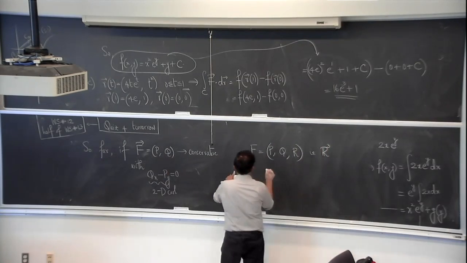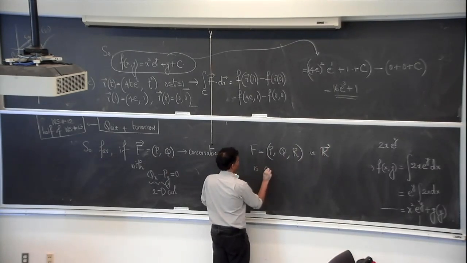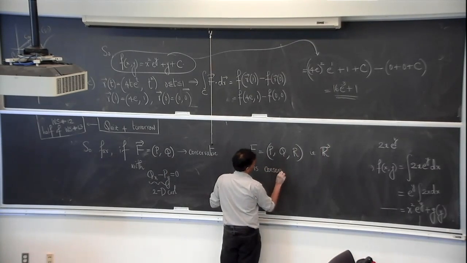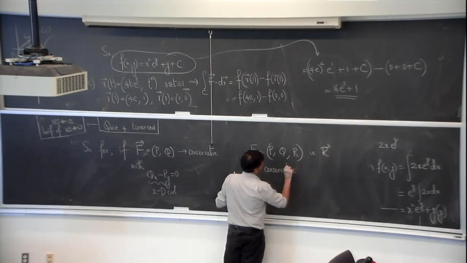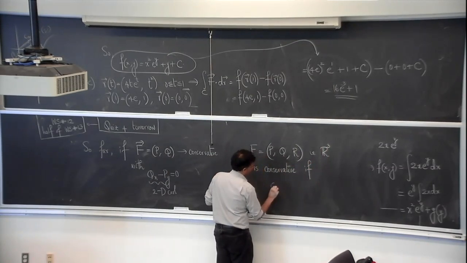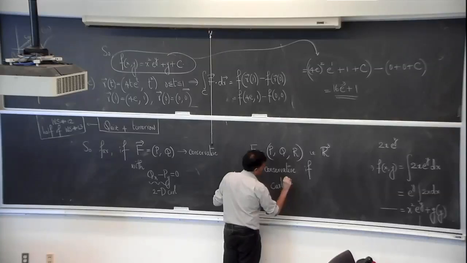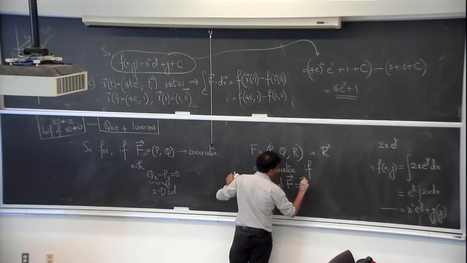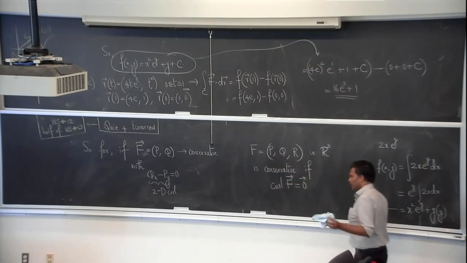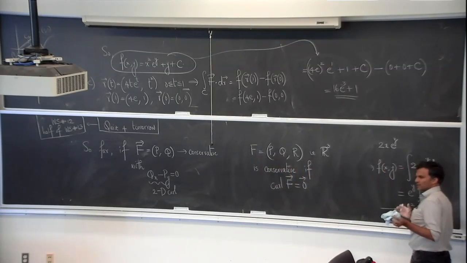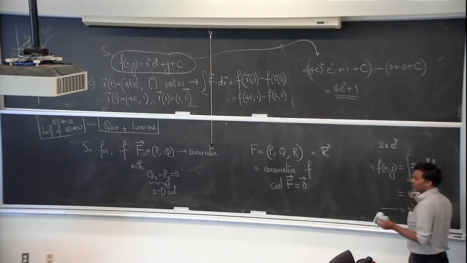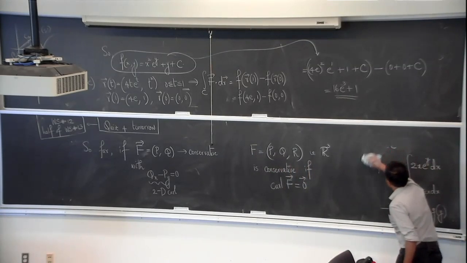So this is conservative if the curl of F in R3 is equal to the 0 vector. Now you have to do that entire determinant business. You have to find each and every component, and make sure that all of them are equal to 0.